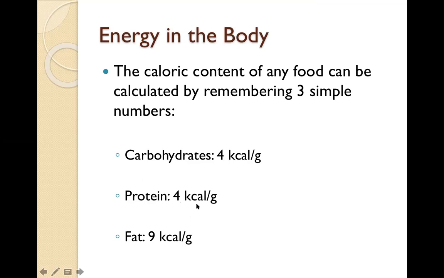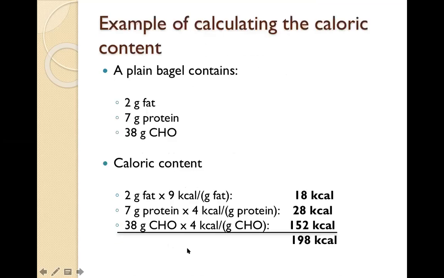Protein has 4 big C calories per gram, or 4 kilocalories per gram. And fat has 9 kilocalories per gram, or 9 big C calories per gram. So you can very easily calculate the number of calories in a food. And this is a fairly rough estimate.